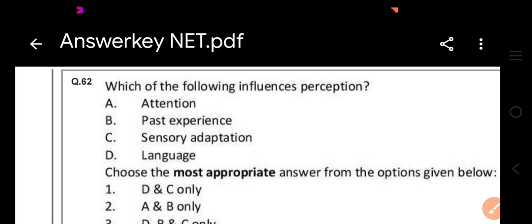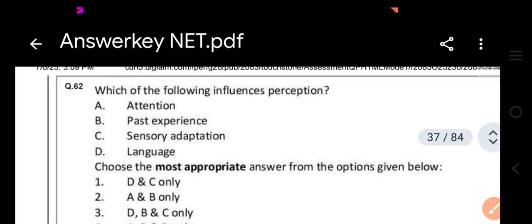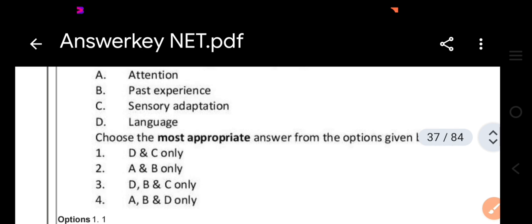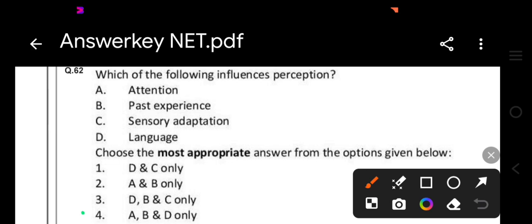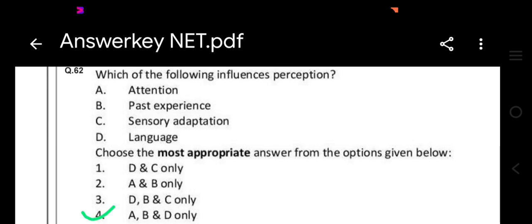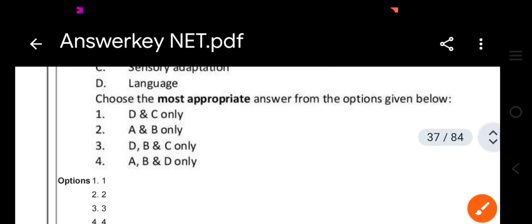Sensory adaptation is also important for perception, and also language. Language influences the way we speak with other persons, whether it is the mother tongue or a new language. But here we have to select only the most appropriate option. So in this context, ABD only is the correct answer. We have to leave out sensory adaptation. Okay, fine. We will move to the next question.